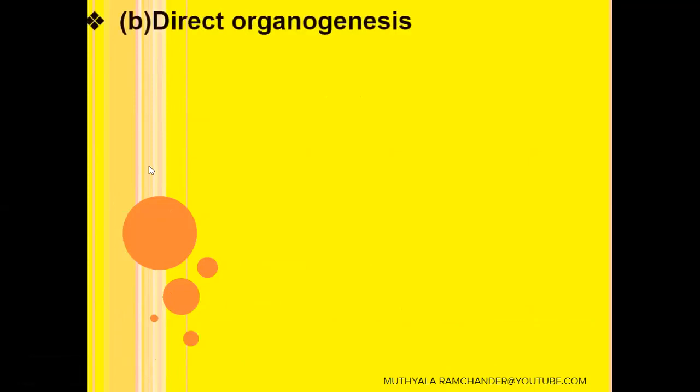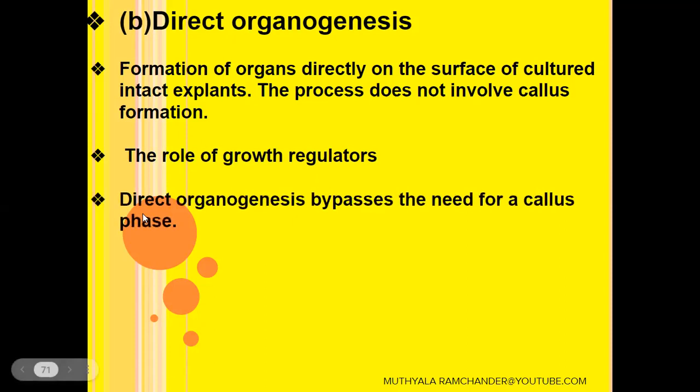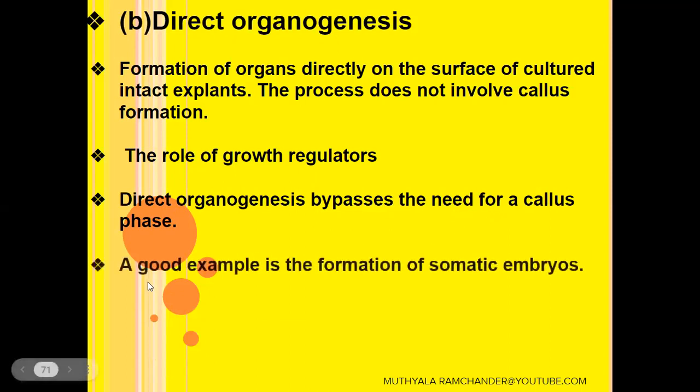Now next, direct organogenesis: formation of organs directly on the surface of cultured intact explants. The process does not involve callus formation. The role of growth regulators: direct organogenesis bypasses the need for a callus phase.